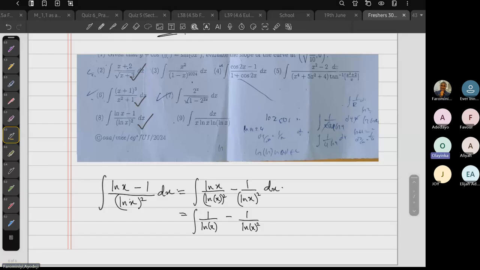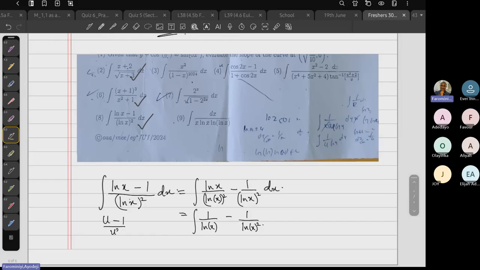Sir, the way you did that one, you made u equal to something. So we can make u equal to ln x, then put u in this, and maybe cancel out the numerator. If you make u equal to ln x, you are going to have u minus 1 over u squared.